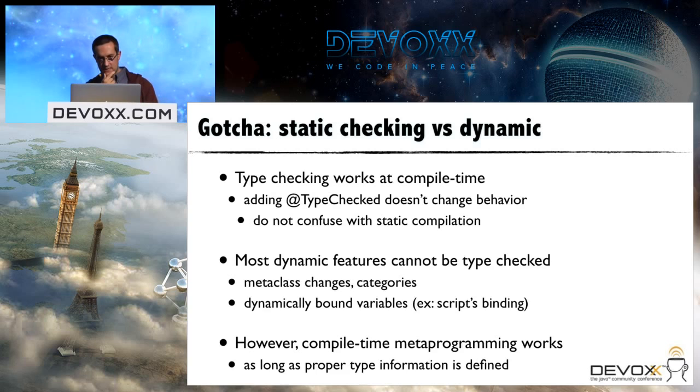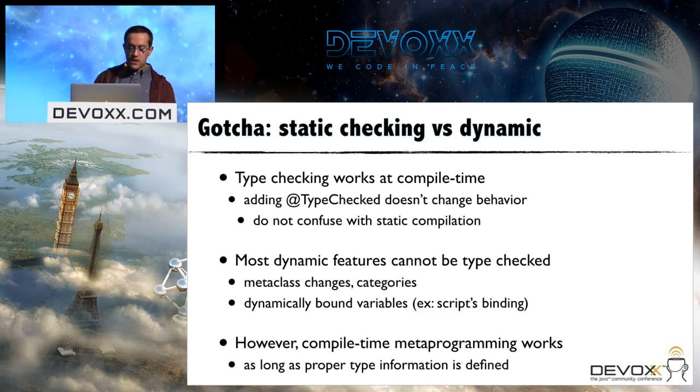Some gotchas. Type checking isn't changing the behavior. Behind the scenes, it's always the same kind of dynamic code which is going to run, so do not confuse that with static compilation. Most dynamic features cannot be type checked, especially things like metaclass changes, like the builders, etc. This cannot be type checked by the compiler because it really depends on what's happening at runtime.